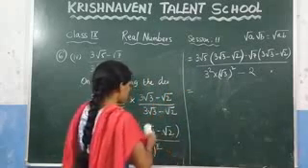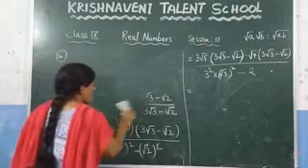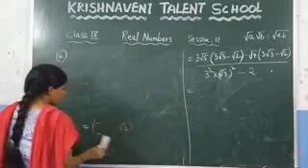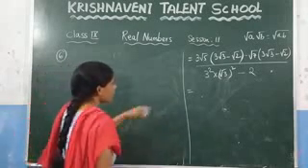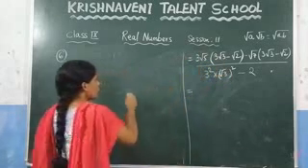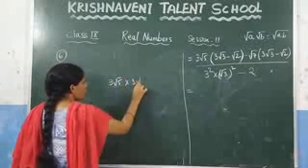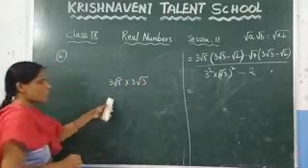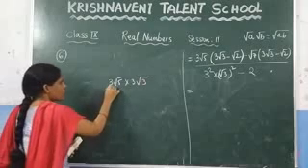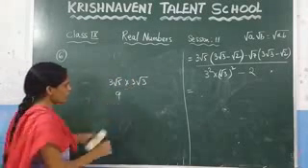Now you need to multiply these values. How do you multiply these values? See it here. So what is it here? You need to multiply 3 root 5 with 3 root 3. How do you multiply? See it here. Just multiply the numbers first. What is the value of 3 into 3? Which is 9. And what is the value of root 5 into root 3?